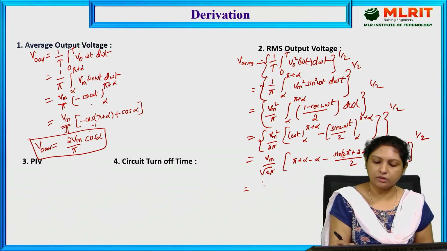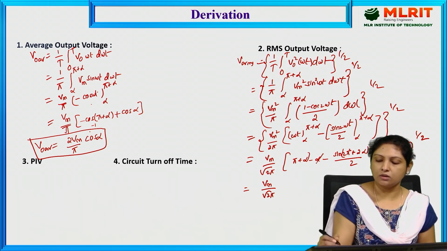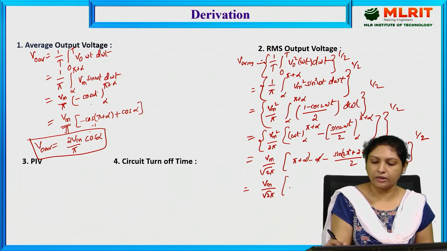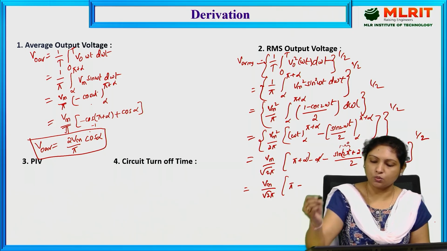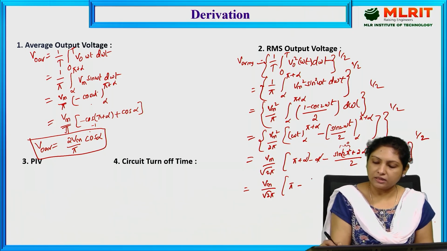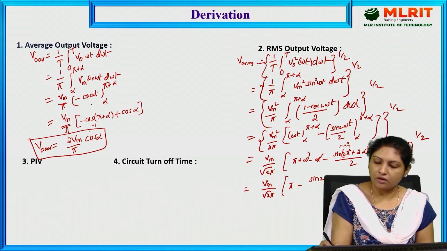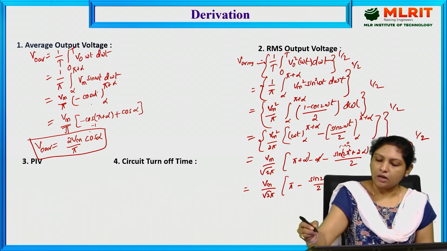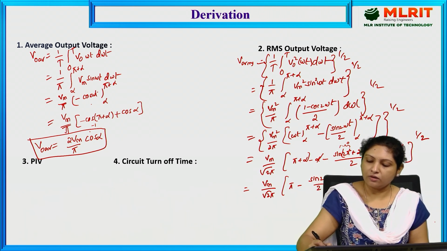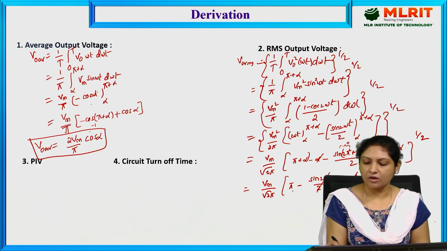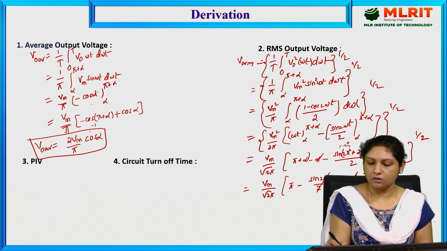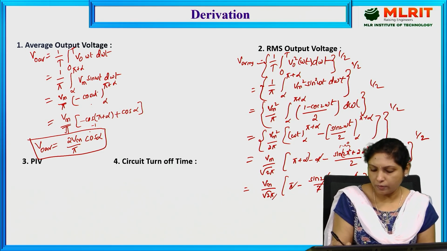So here Vm by root 2 pi, plus alpha minus alpha, we get pi, minus, see here, sin 2 pi value is 0. We write it as sin 2 alpha by 2 plus sin 2 alpha by 2, and here minus plus gets cancelled, and this is root pi, and this root pi gets cancelled.